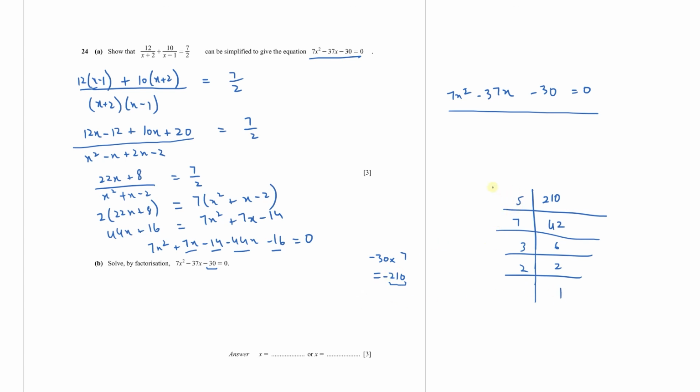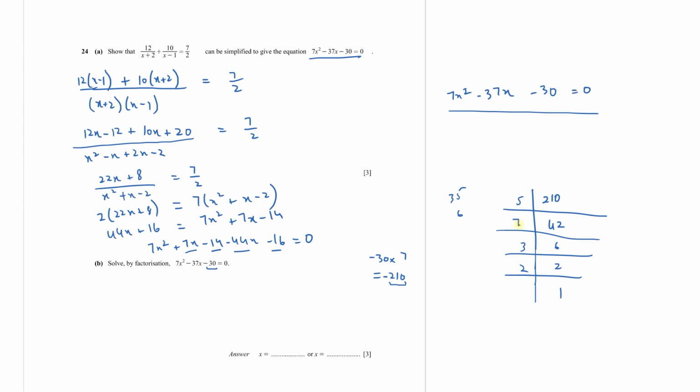Now I have to find a combination of these factors that I subtract because this was a negative. I get a negative 210 here. So I need two factors of 210, which if I subtract, I should get minus 37. So let's see. If I have 7 times 5 is 35, and then 3 twos are 6. 35 minus 6 is 29. I cannot subtract them to get minus 37.